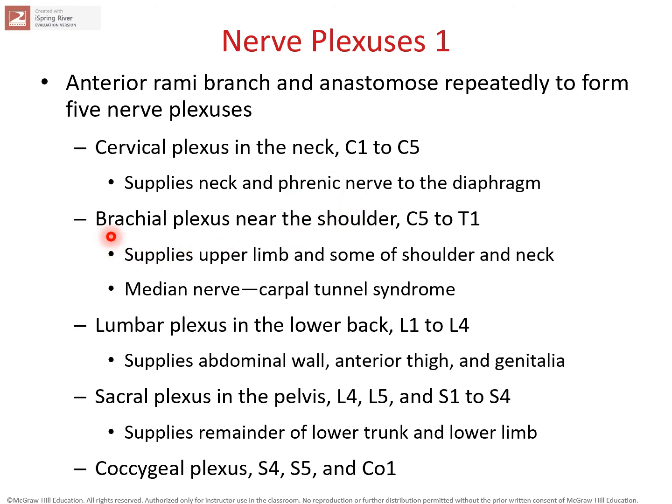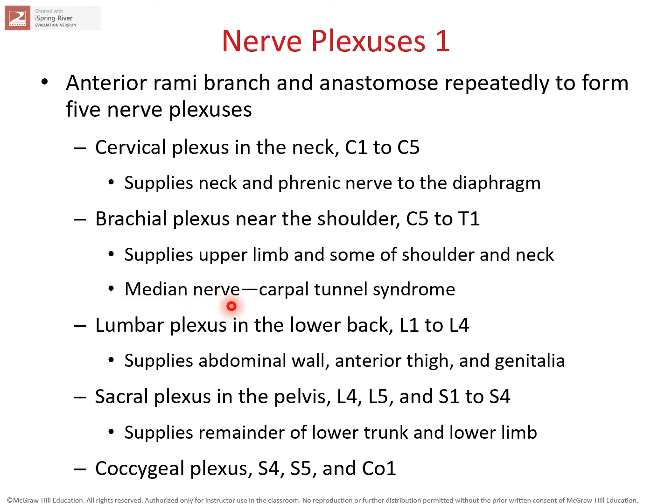Then you have the brachial plexus. The brachial plexus serves the chest, shoulders, arms, and hands, and they extend towards the armpit or the axillary region. Okay, an important nerve that emerges from the brachial plexus is the median nerve.